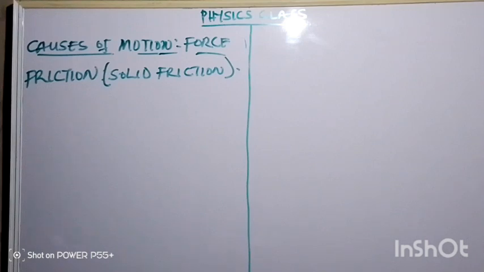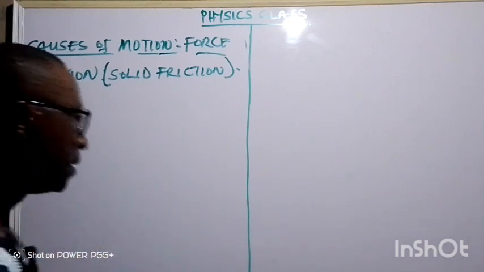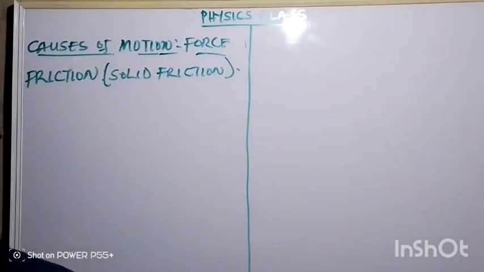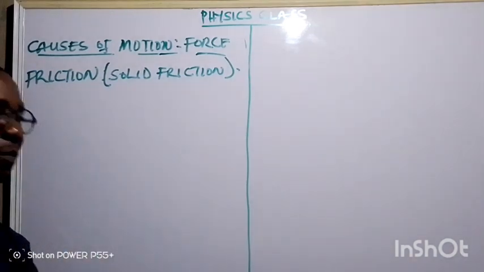That is, if the direction of the force on the object is forward, then the frictional force will be in the opposite direction, opposite to the direction of the body.